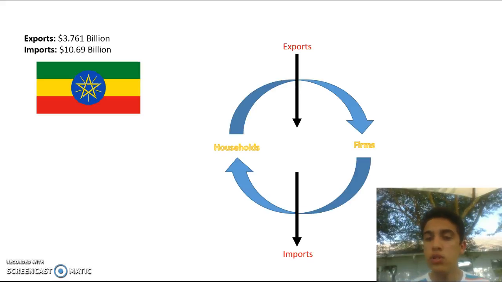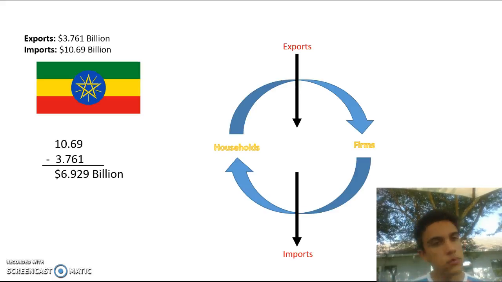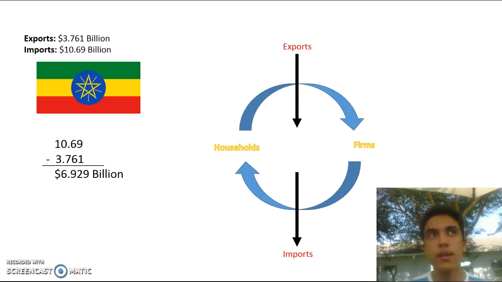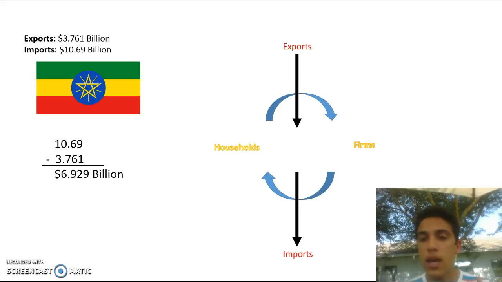Instead, for imports, Ethiopia has to pay for goods and services, which means that the money is leaking out of the circular flow. If we do calculations like the previous slide, we see that there's a positive, which means that the circular flow will actually get smaller.